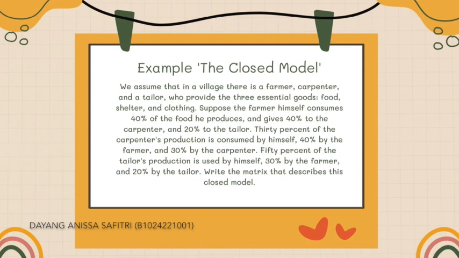Suppose the farmer himself consumes 50% of the food he produces and gives 30% to the carpenter and 20% to the tailor. 30% of the carpenter's production is consumed by himself, 50% by the farmer, and 20% by the tailor. 50% of the tailor's production is used by himself, 30% by the farmer, and 20% by the carpenter. Write the matrix that describes this closed model.